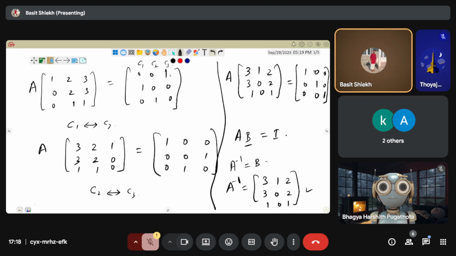Now we have the solution of a system of linear equations using matrix.